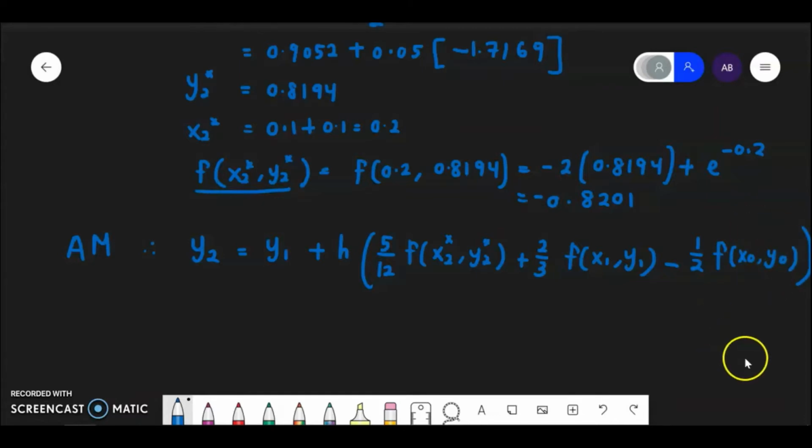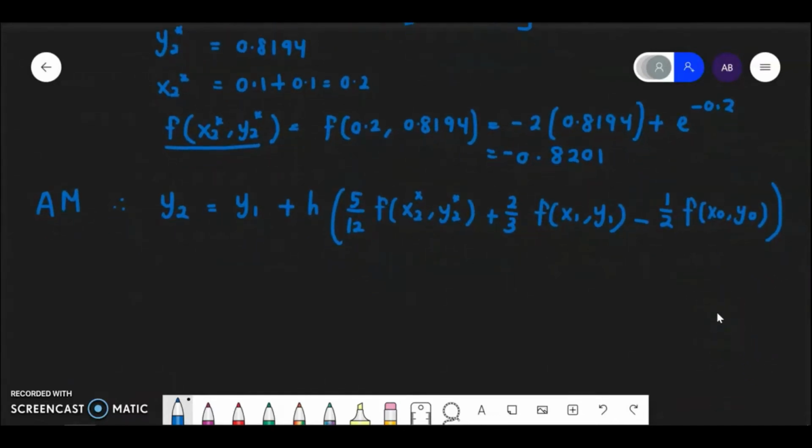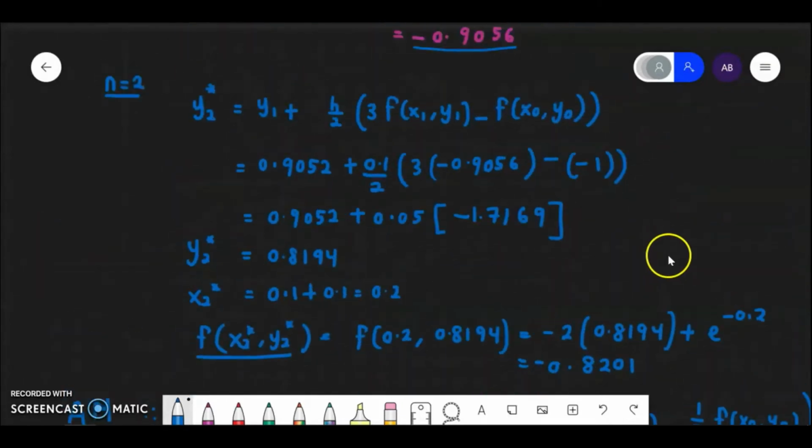Okay, so we have all this information that we have obtained earlier on. You should be able to find y2. So y1, I've obtained earlier on, 0.9052, plus 0.1 times 5 over 12 times f of this, which is negative 0.8201, plus 2 over 3 times f of x1, y1. I think I've got it earlier on.